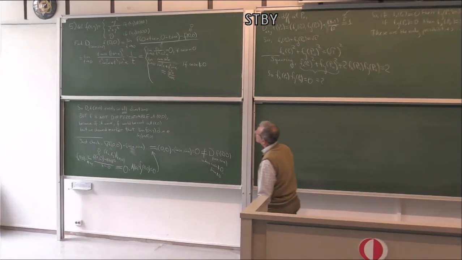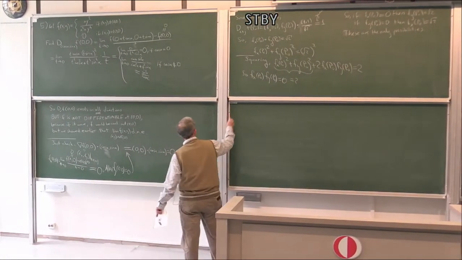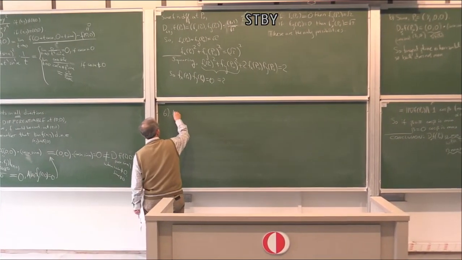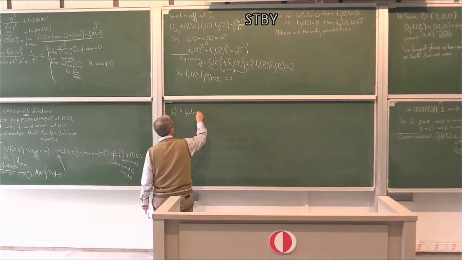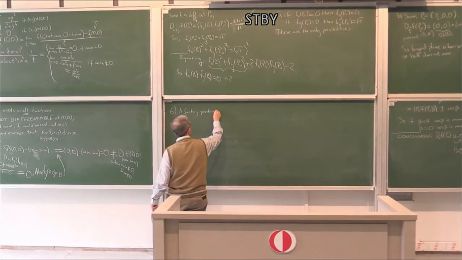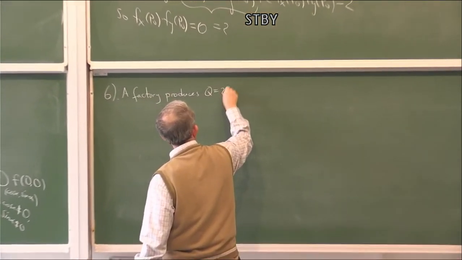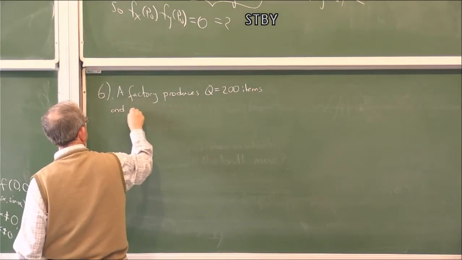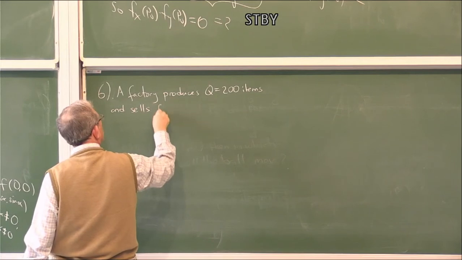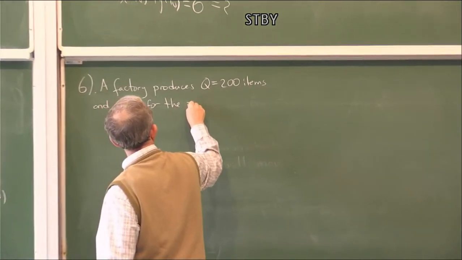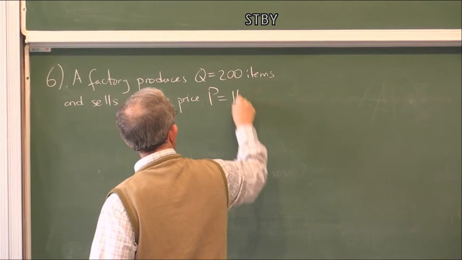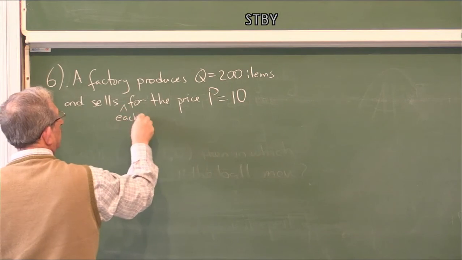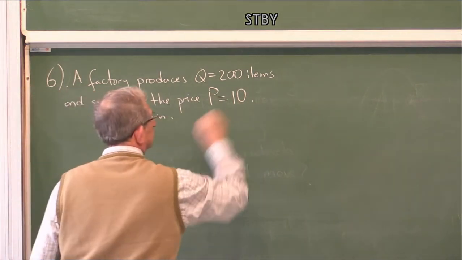For short, that's my sixth example. Okay. Well, a factory produces 200 items and sells each item for this price.